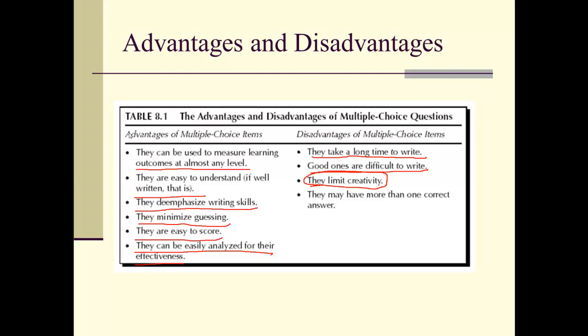And then, this is probably the worst case scenario. They may have more than one correct answer. If we're not careful with our stems, if we just sit down in the book and write word for word from what's in the book, the student can say, well, look, this is straight out of the book.